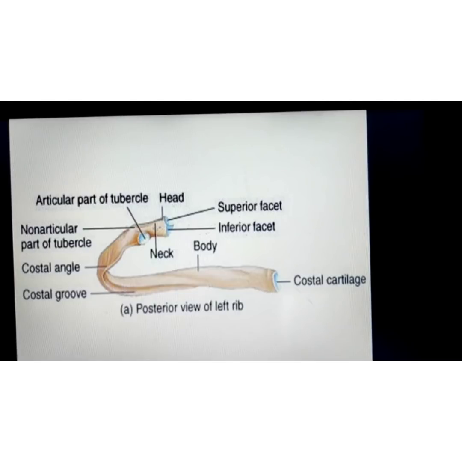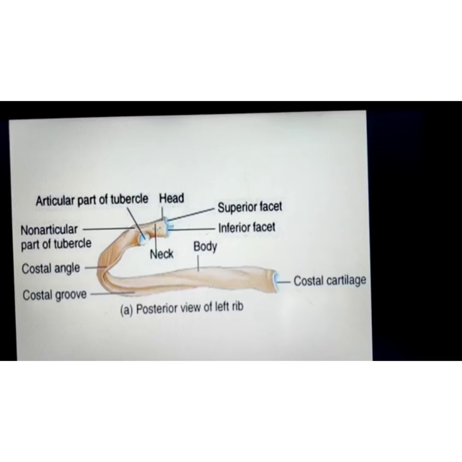The superior border of the shaft of a typical rib is thick and has two lips, the outer lip and the inner lip, whereas the inferior border, on its inner surface, has the costal groove which lodges the neurovascular bundle.